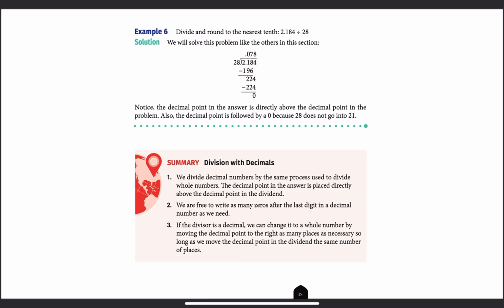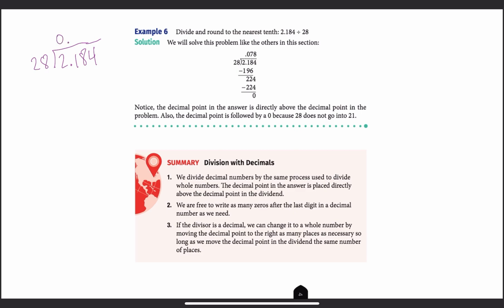Okay, so now we're going to divide here, and then we're going to round to the nearest tenth. So 28, obviously it won't go in even a whole time to 2 point anything. I know it won't go in to 2.